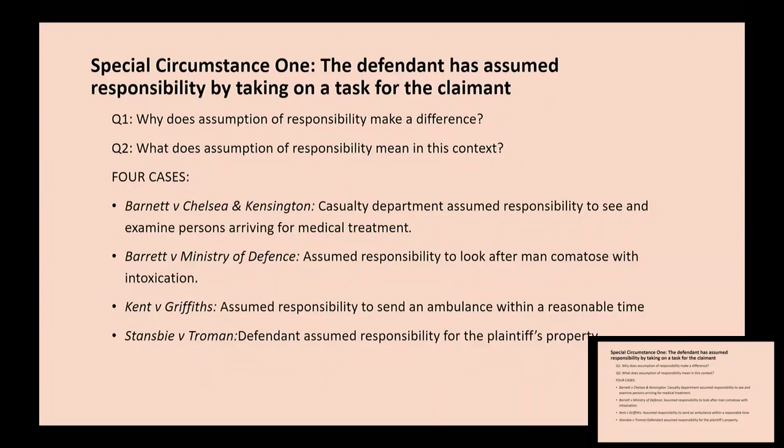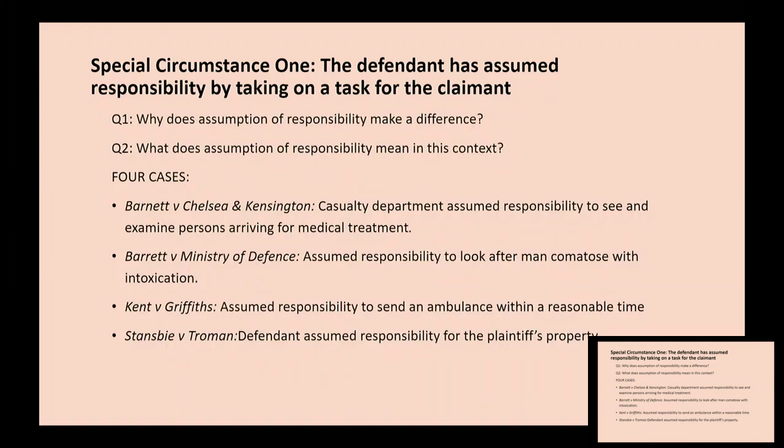These are established relationships where duties are owed by the professional to the client to take care in conferring the benefit of advice, whether legal advice, medical advice, etc. But we're going to look at some cases that are closer to the boundary line: Barnett v Chelsea and Kensington, Barrett v Ministry of Defence, Kent v Griffiths, and Stansbie v Troman.